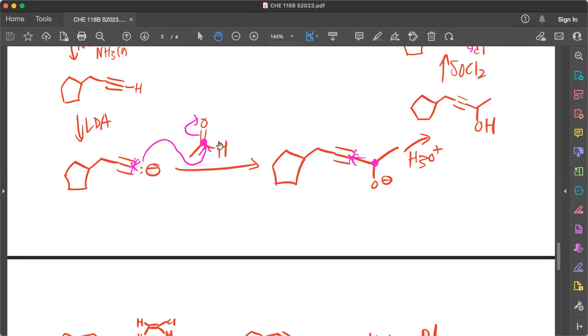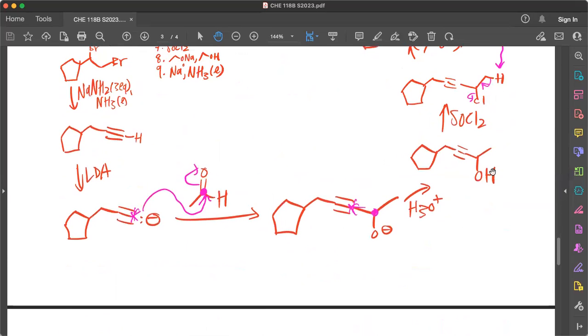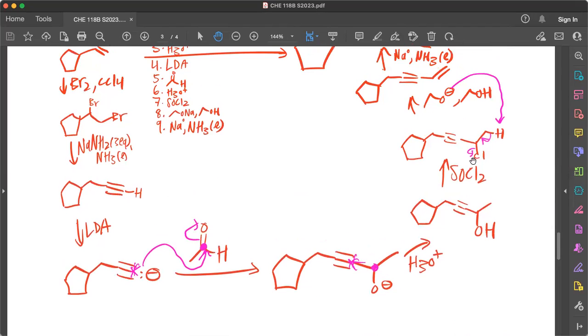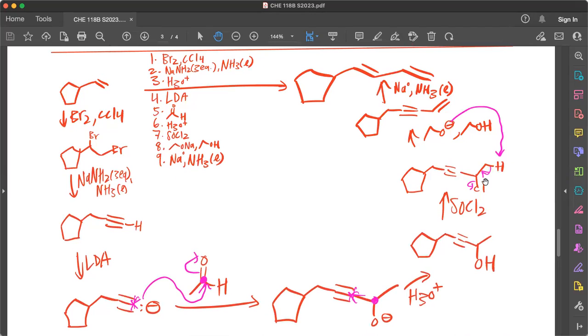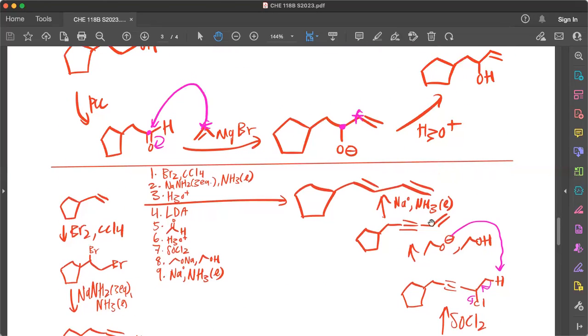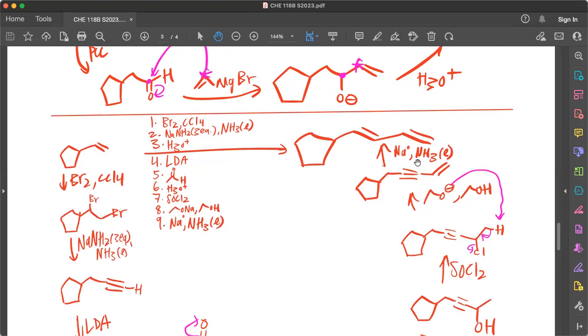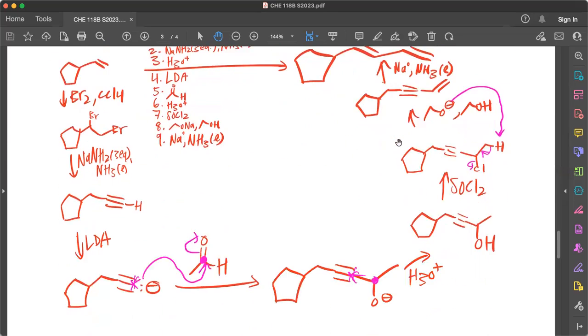Star the attacking carbon, dot the carbon being attacked, make the new bond between the starred and dotted carbon, kick up the carbonyl oxygen onto there, reprotonate that alcohol, turn the alcohol into a good leaving group using SOCl2 or PBr3, do an E2 reaction, form the new double bond that we want in the product, and then convert this alkyne into a trans alkene by using sodium metal and liquid NH3.